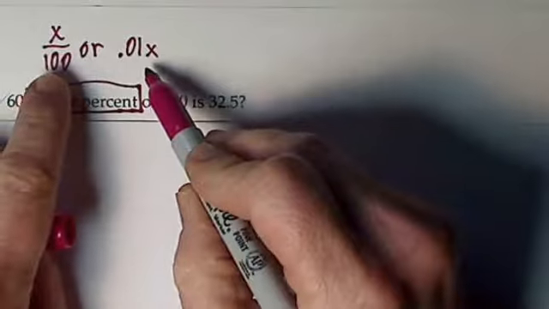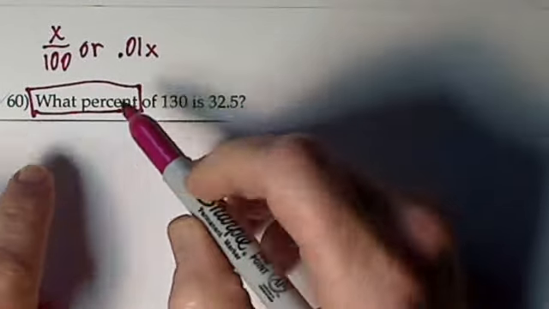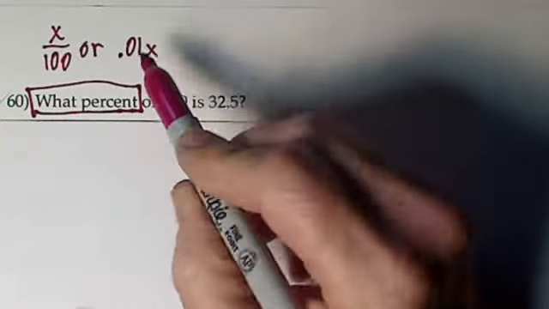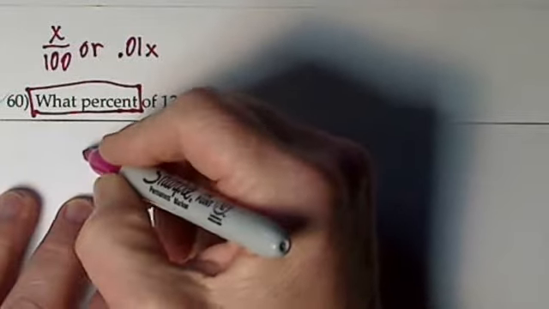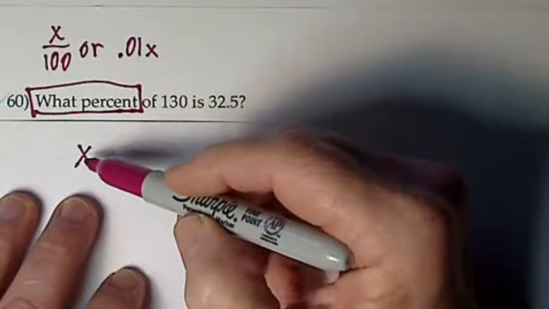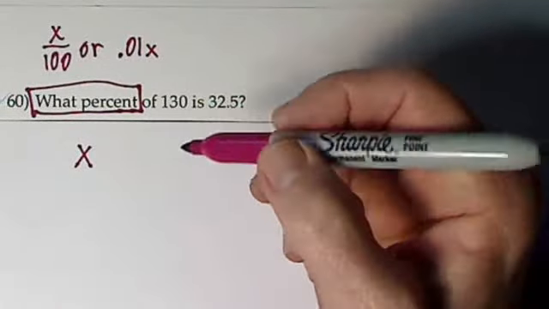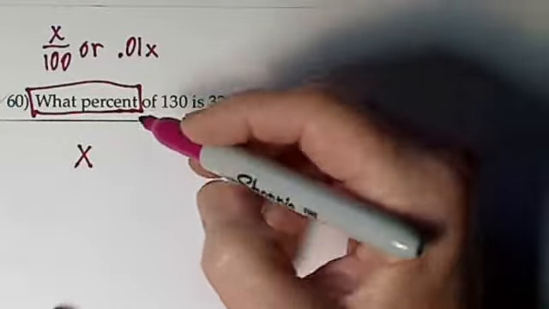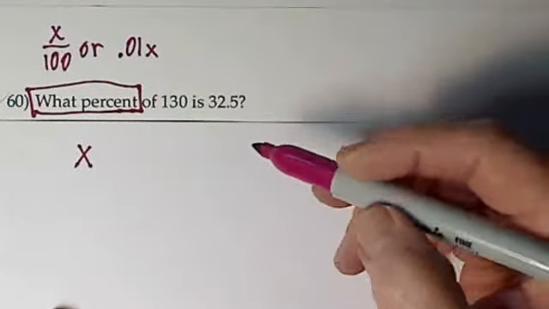These are accurate ways of saying what percent, but I have a feeling it just intimidates students a little too much. So I'm just going to put x, but you have to remember at the end to come back and change your value to a percent. So I'm fudging a little bit by just putting an x there.